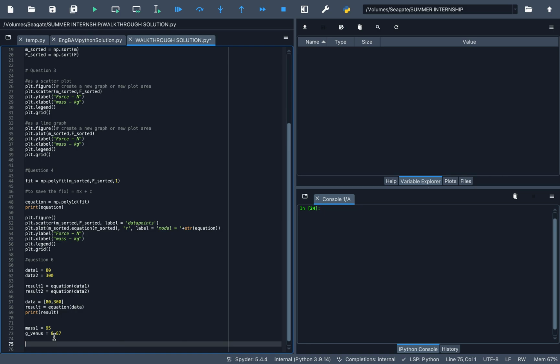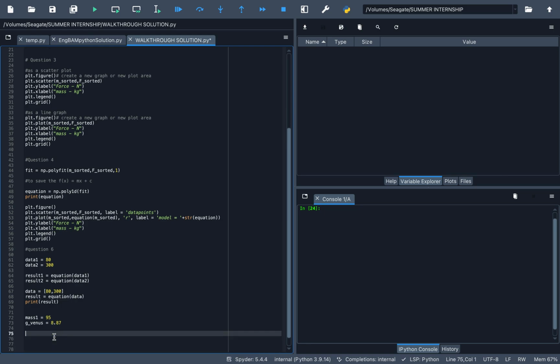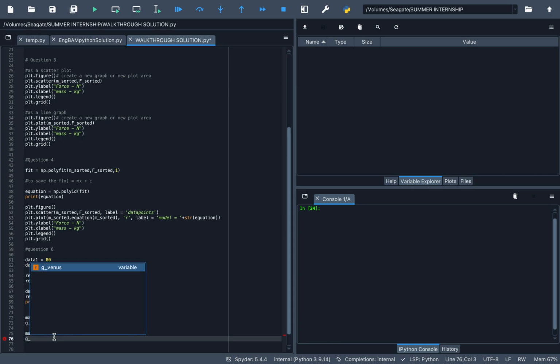And we also have mass 2 in this case, which is 50 kg, and this astronaut is currently on Jupiter, and the gravitational constant in Jupiter is 24.79.